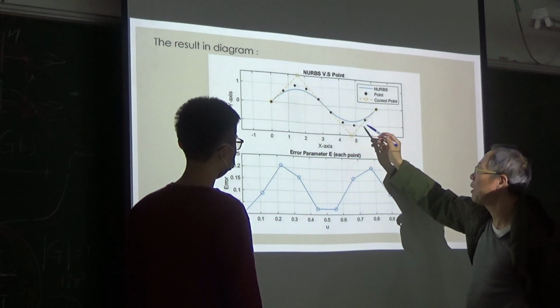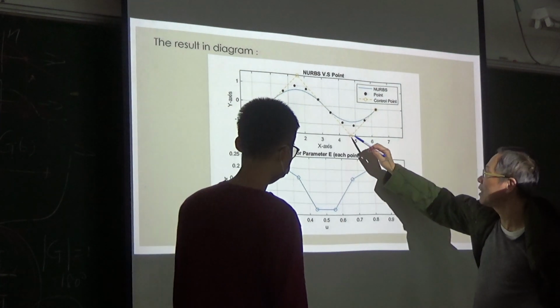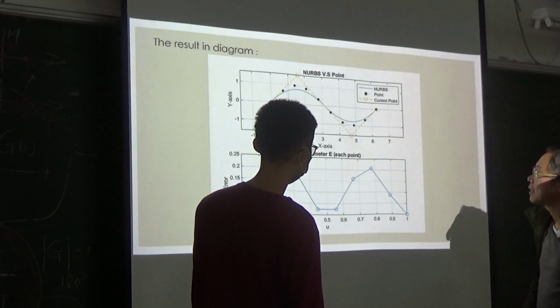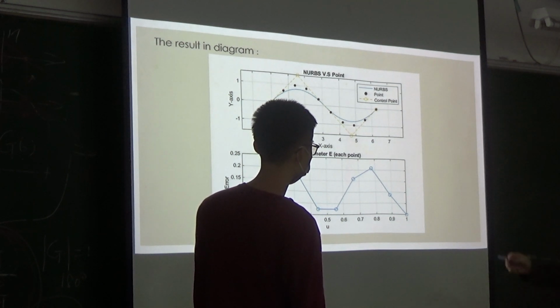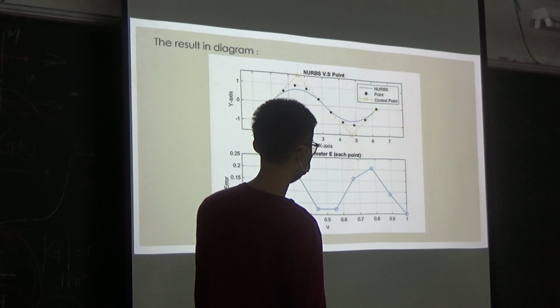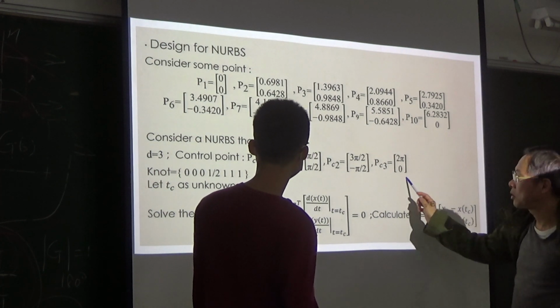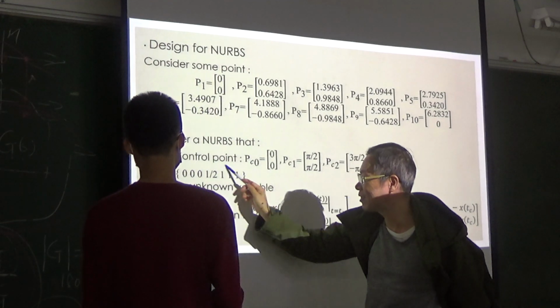So you provide a set of points, and then try to find the NURBS to fit into this. Okay. So how do you choose this? What is the process you choose? That is a key point. Go to the previous page. Okay. How do you choose this?